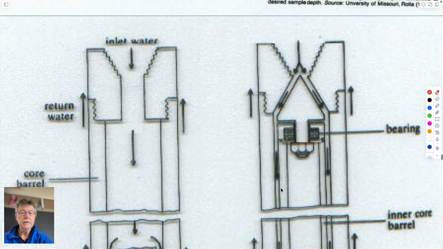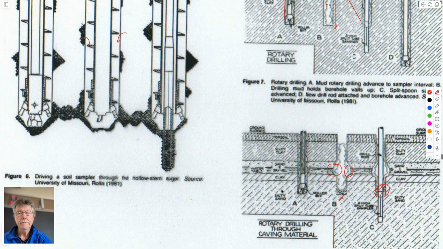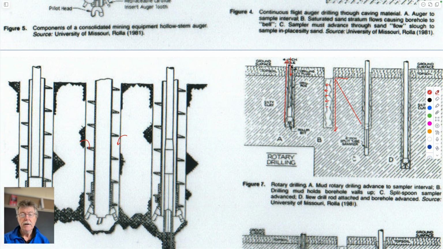And unlike tricone drilling, most of the action is done by putting a heavy weight on the drill bit and turning it, but not abrading it, just breaking off little pieces that can be washed up in the top, and then you can sample ahead of it with some tool like this.